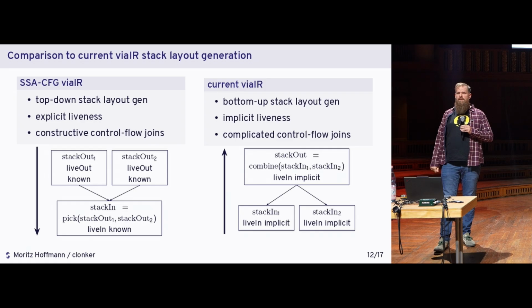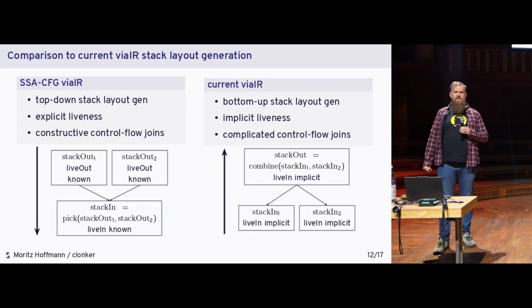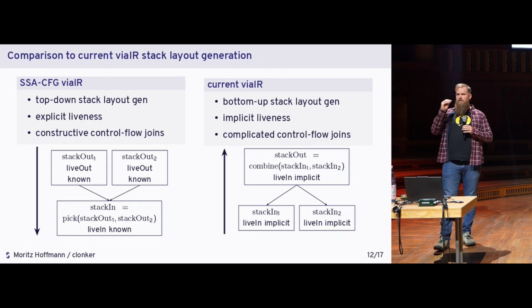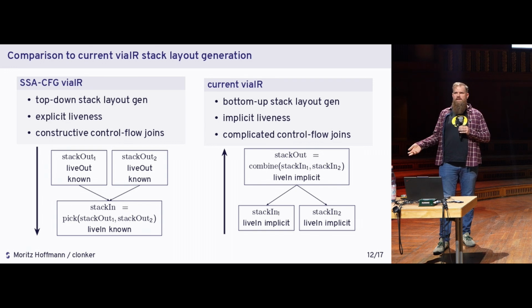We base this on explicit liveness analysis. Liveness analysis tells us at which point of the program which variable is live or needs to live on, and which variables can I forget about. This is a crucial information for stack layouts, right? Because I need to prune stuff away.